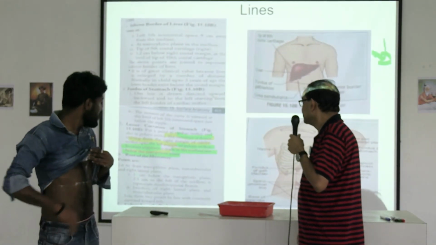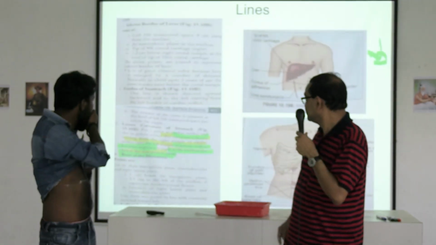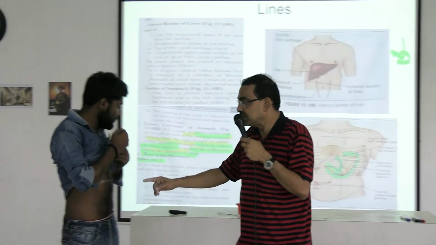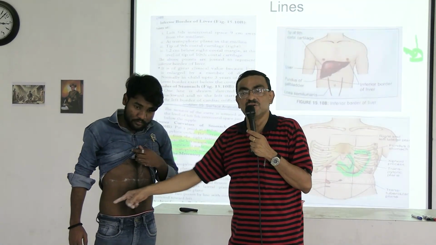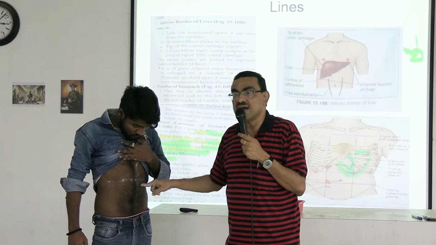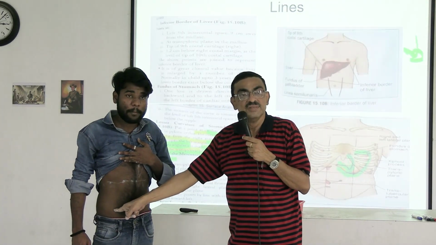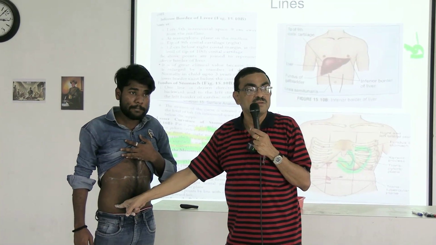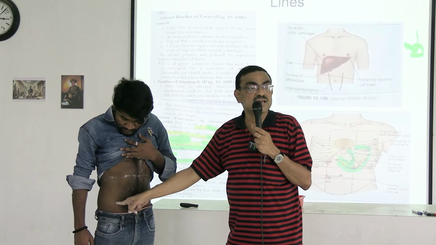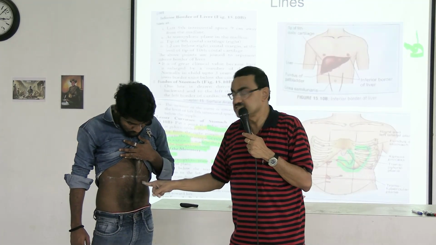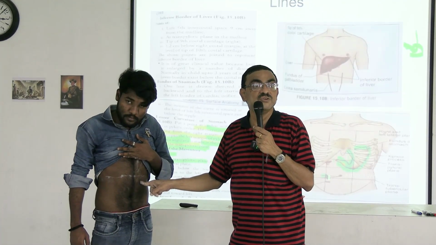Next is the root of the mesentery. The root of the mesentery, I have already shown you. This is the ileocecal orifice, and this is the duodenojejunal flexure.